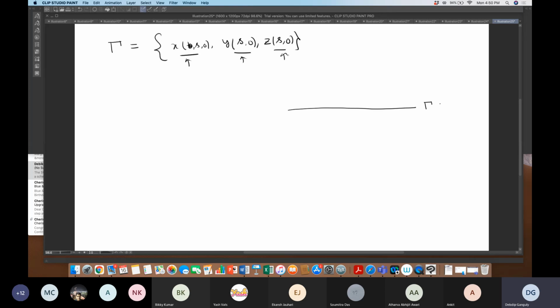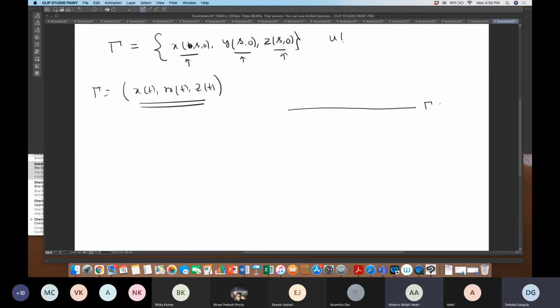I am not claiming that it is in the xy plane or yz plane. This is a parameterization of a curve in R3. How does the curve in R3 look like? You have x(t), y(t), z(t), any curve, right? This is any curve in R3. But I have to parameterize in a different way. I am putting x(s,0), y(s,0), z(s,0). Clear?